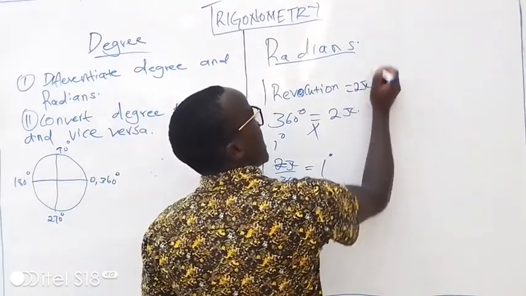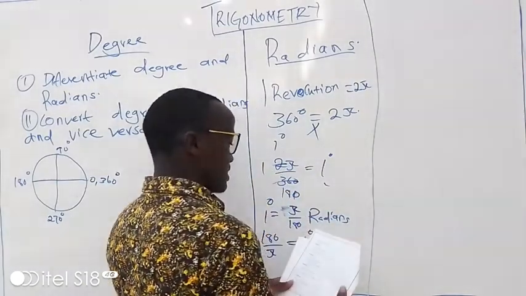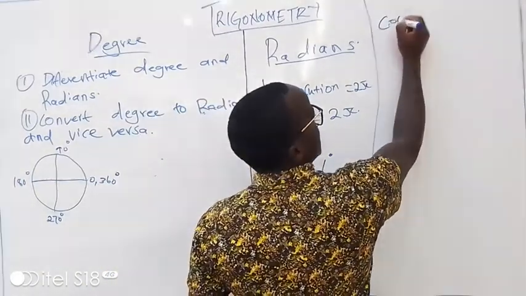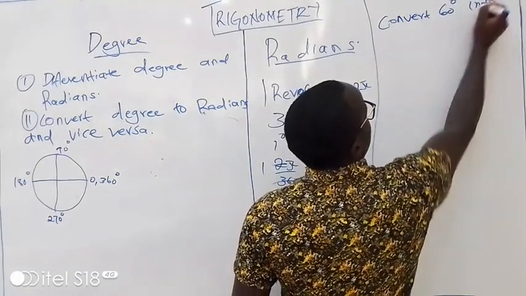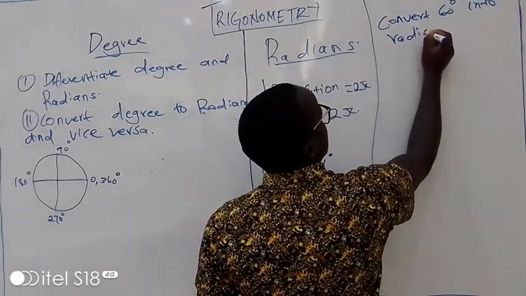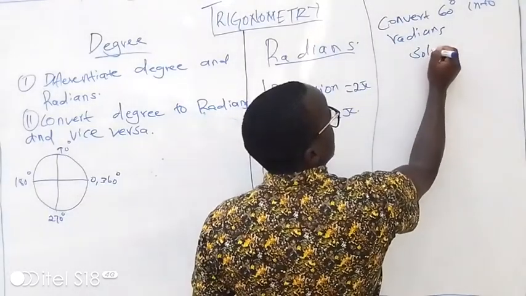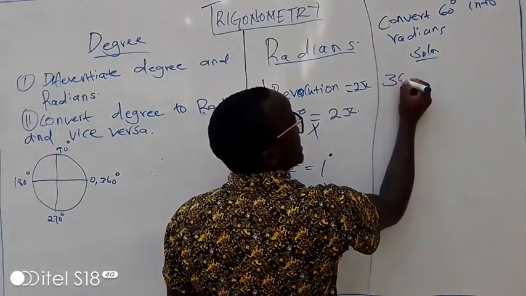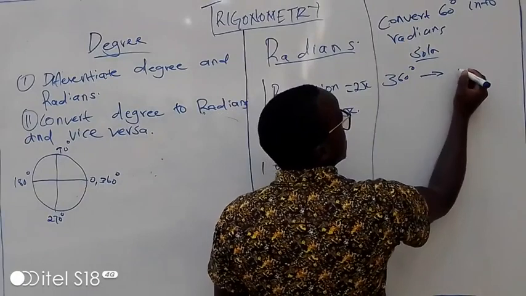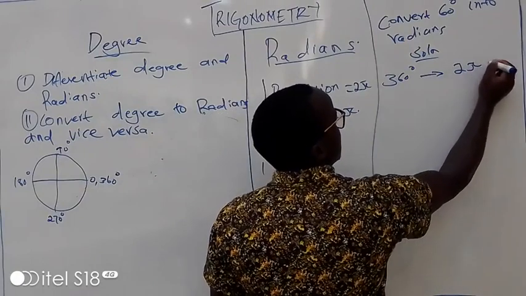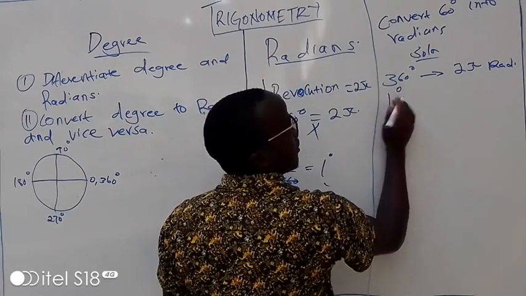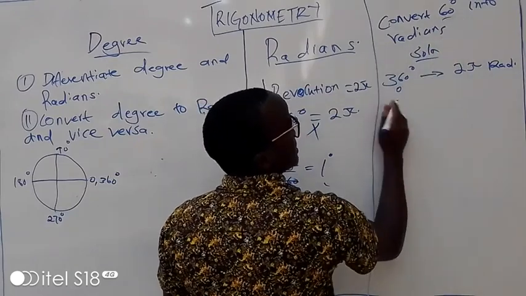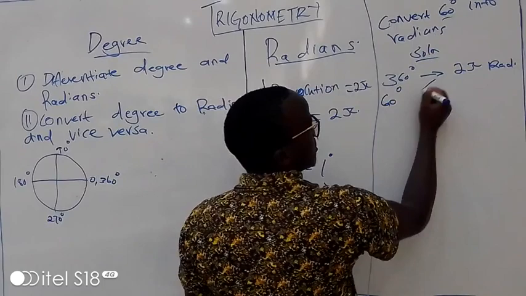An example says: convert 60 degrees into radians. Solution: 360 degrees is equivalent to 2 pi radians. What about 1 degree? In this case we are given 60 degrees, so we cross multiply.